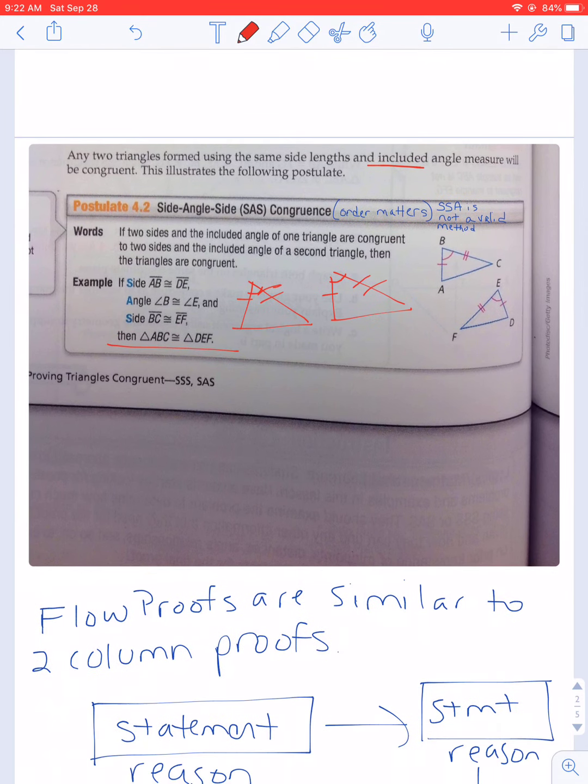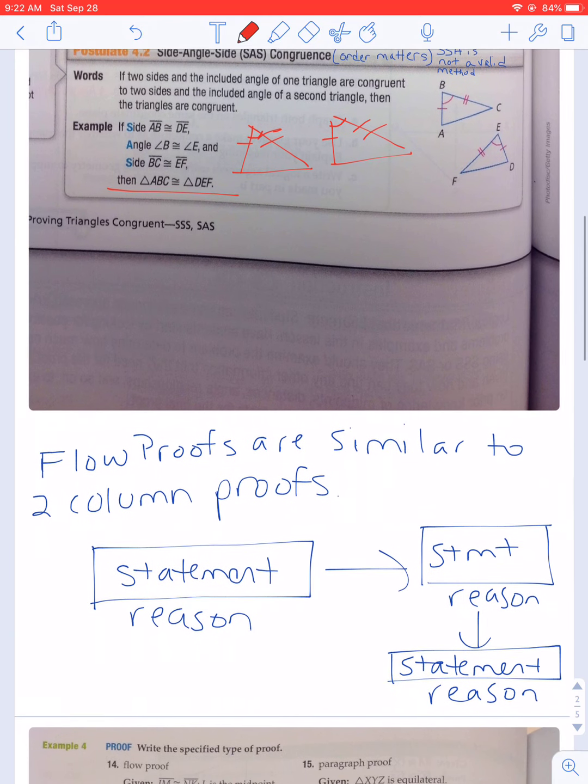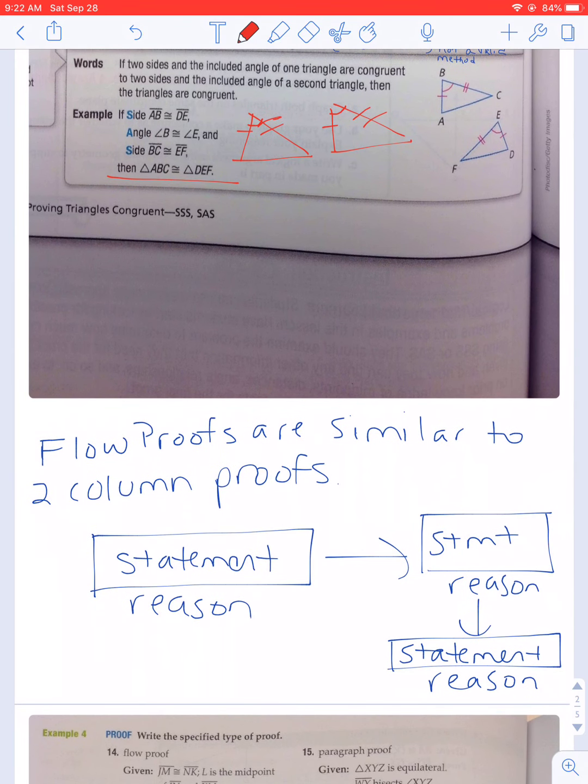All right, next. We have talked about paragraph proofs. We've talked about two-column proofs mostly. Just in case you've forgotten, or maybe I haven't mentioned it much yet, about flow proofs. Basically, flow proofs are very similar to two-column proofs, just like paragraph proofs are similar to two-column proofs.